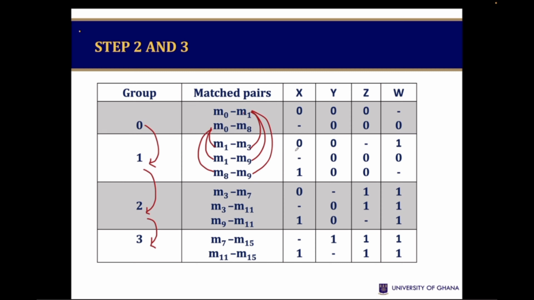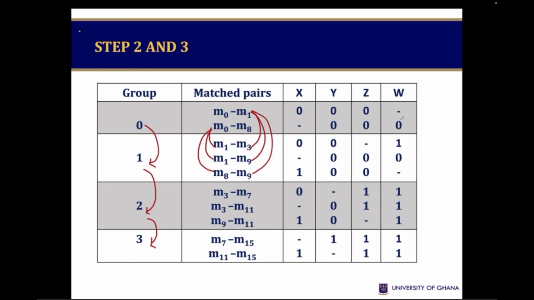M0, M1, M8, M9. There is a match. Where do they differ? They differ at X. Very good. So it means that we are going to put X there. So now we are going to have 2 dashes.